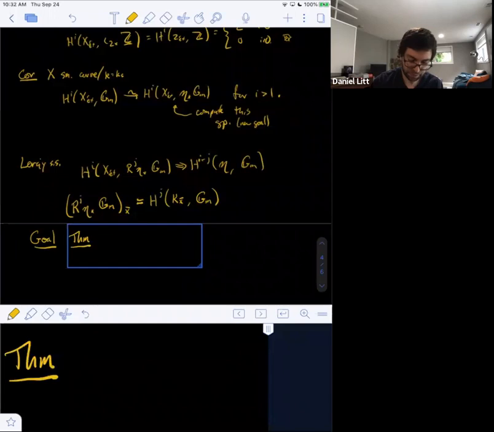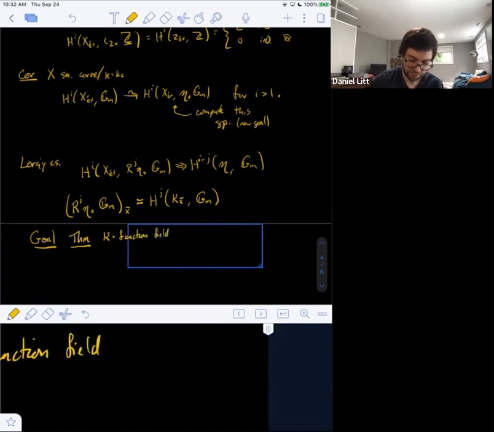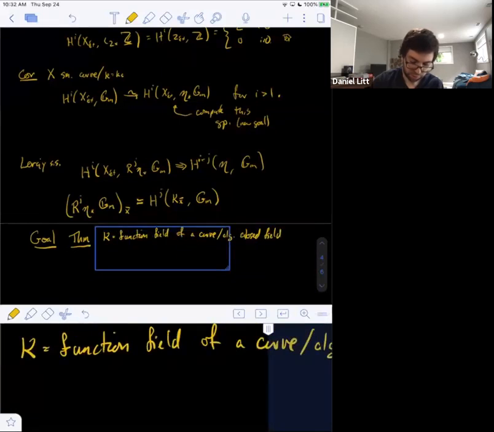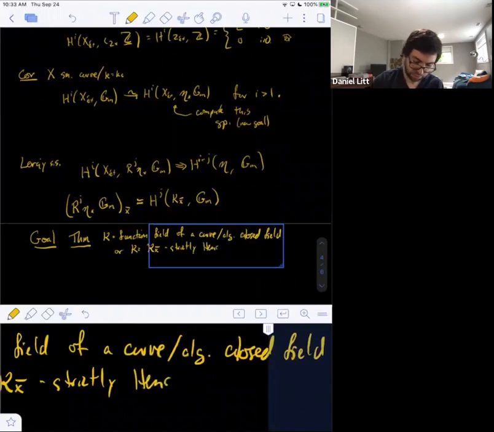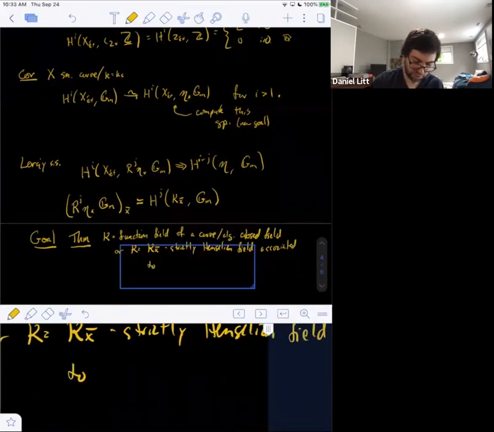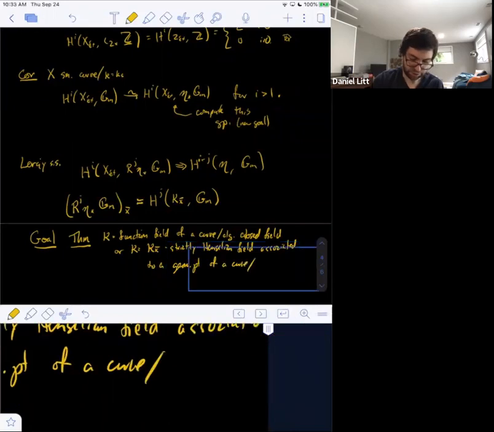Suppose K is either the function field of a curve over an algebraically closed field, or a separably closed field, or K equals one of these K_x bar, the strict henselization, the strictly Henselian field, associated to a geometric point of a curve over an algebraically closed field.